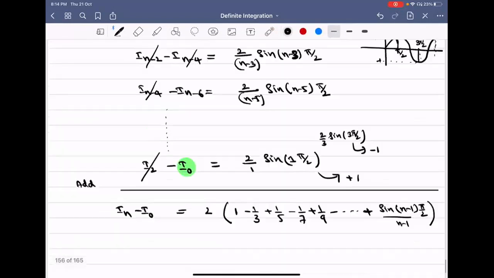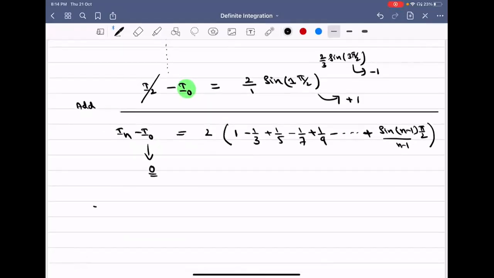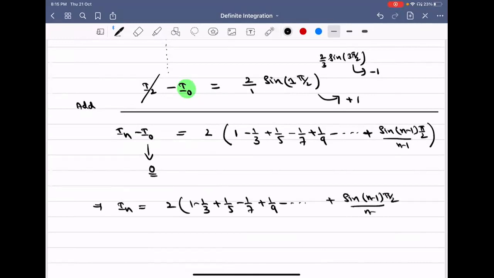That implies I_n is equal to 2 times 1 minus 1 by 3 plus 1 by 5 minus 1 by 7 plus 1 by 9 minus etc., plus sine (n minus 1) into pi by 2 over n minus 1. So this is I_n. This is the answer in case 1.